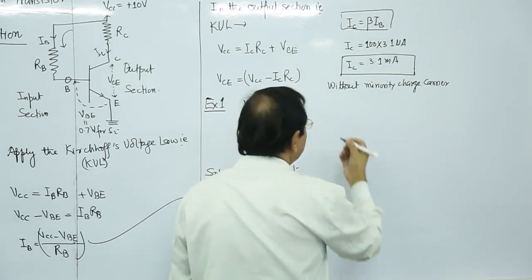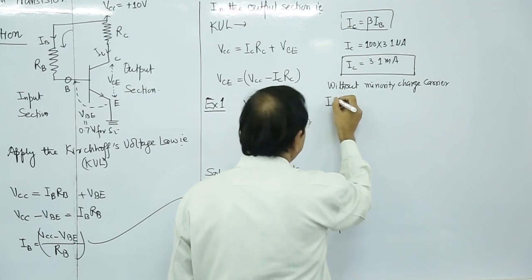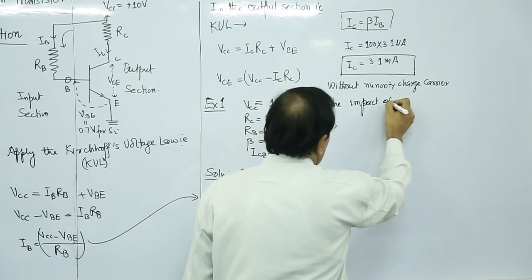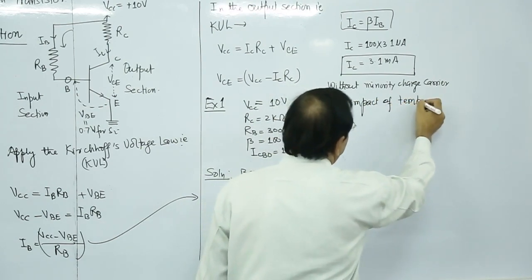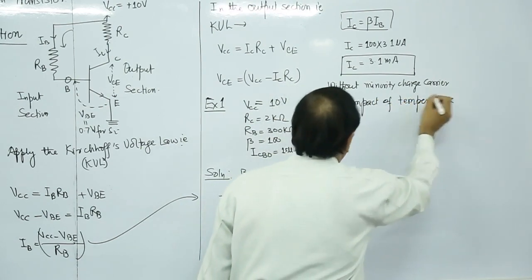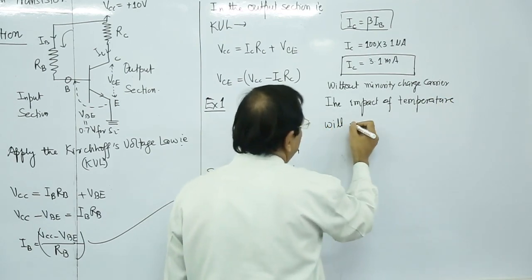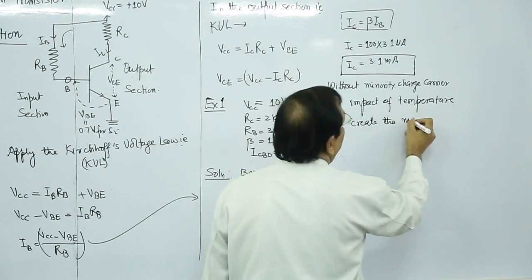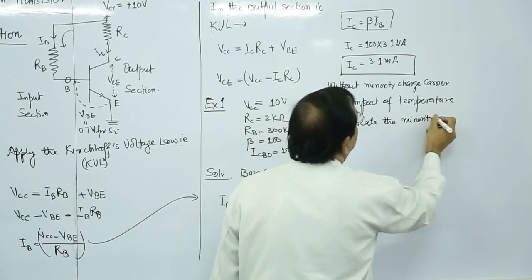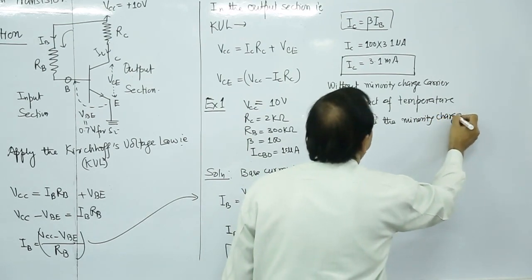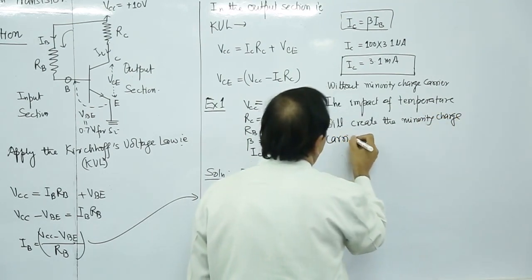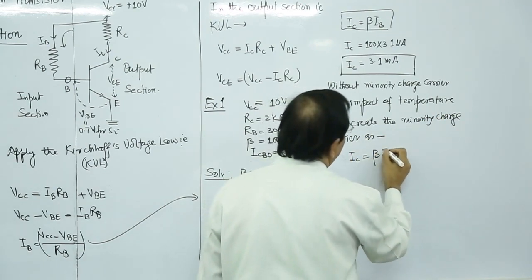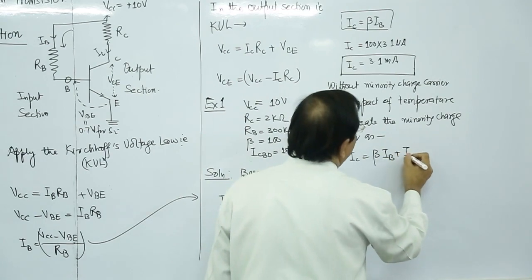With minority charge carrier, the impact of temperature will create the minority charge carrier, as IC is equal to beta IB plus I.